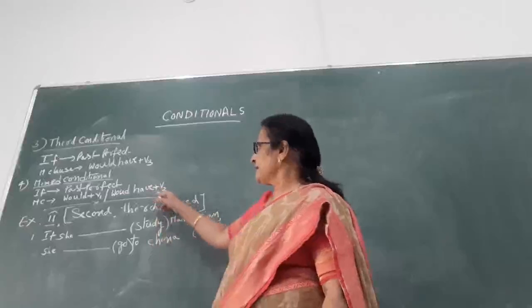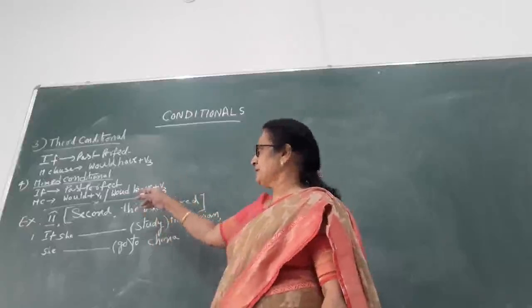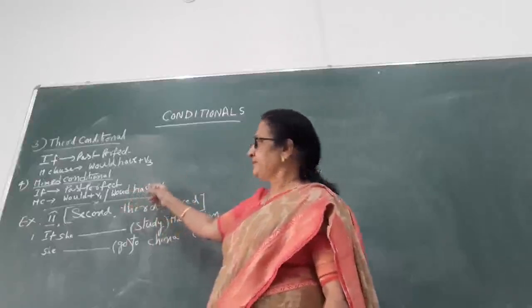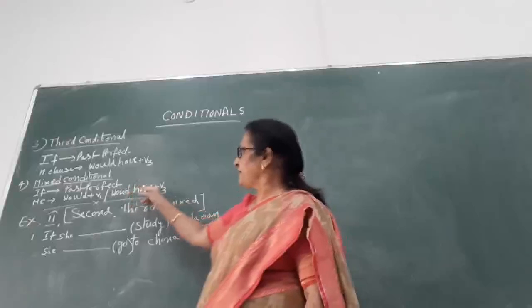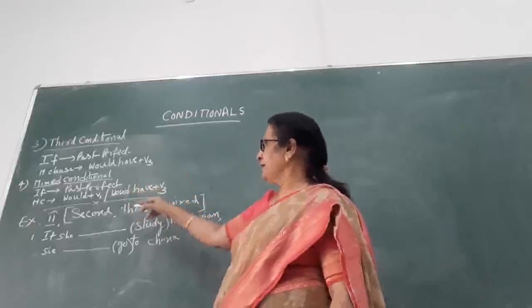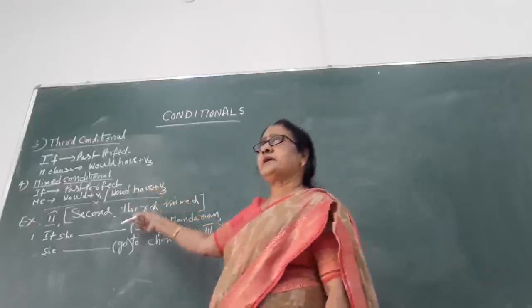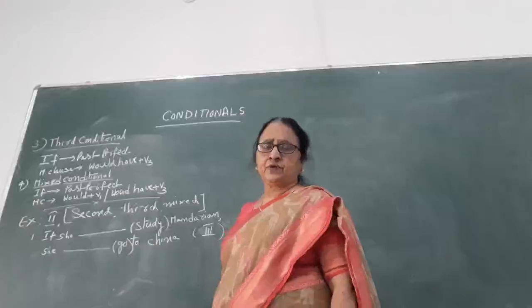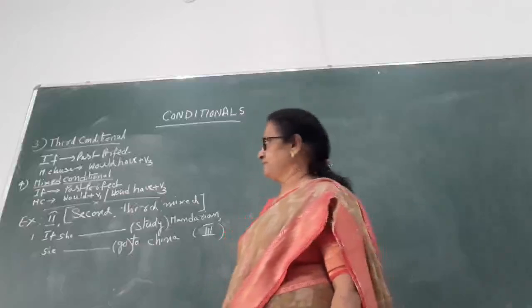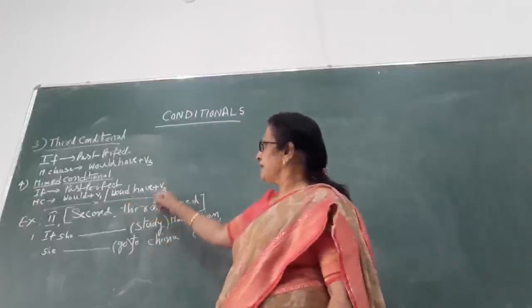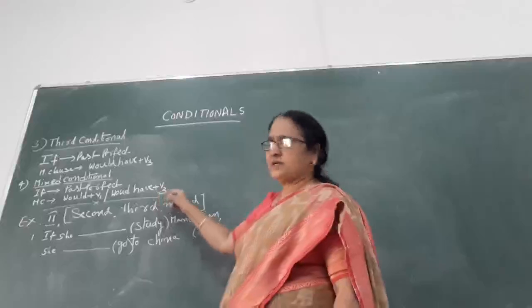In the mixed conditional, the first part, that is the if part, is again in the past perfect, and the main clause will sometimes be would plus V1, or it is like this only, would have plus V3.